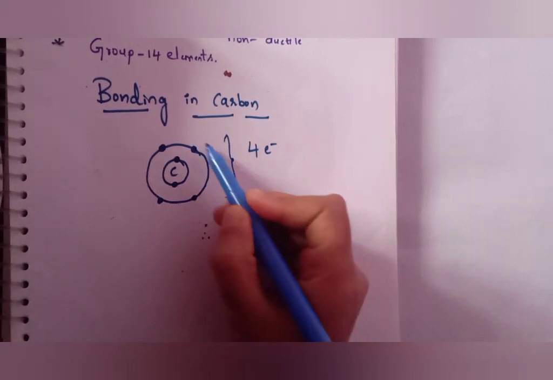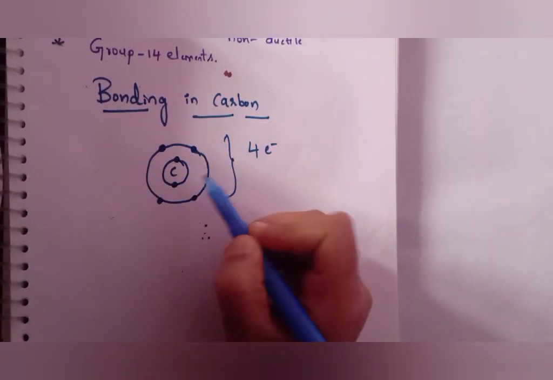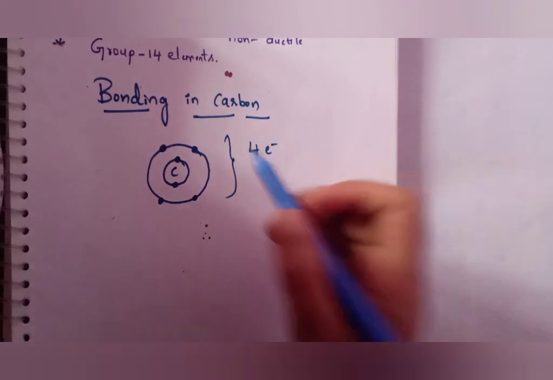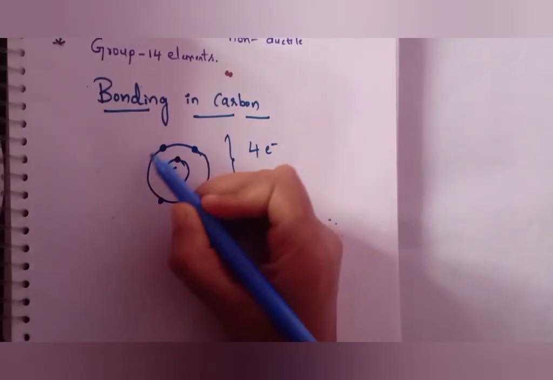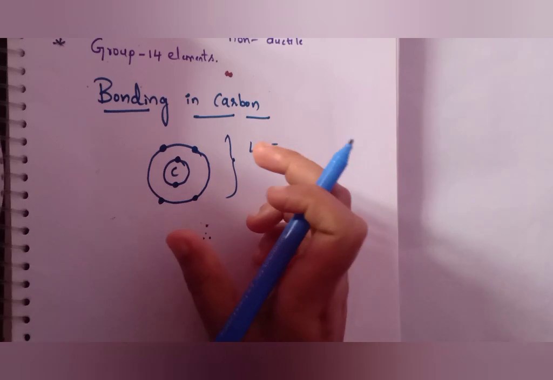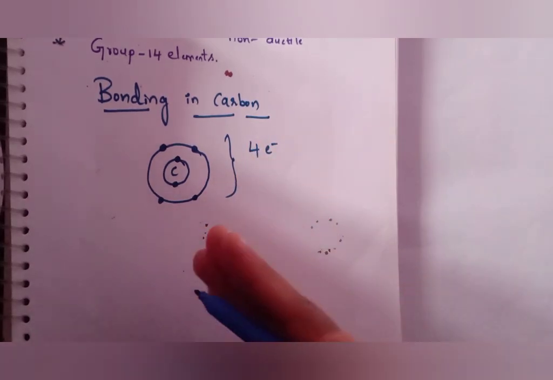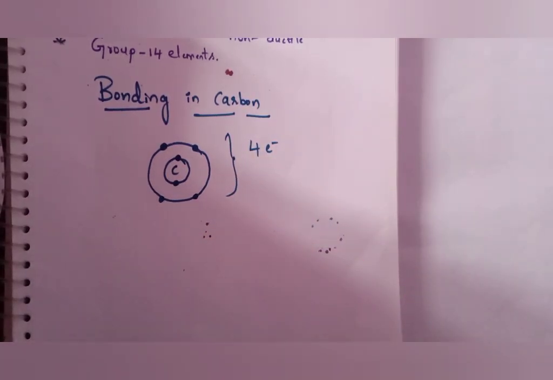Or either it should gain 4 electrons. If it gains 4 electrons, then the outermost shell will have 8 electrons, then also it will attain noble gas configuration.